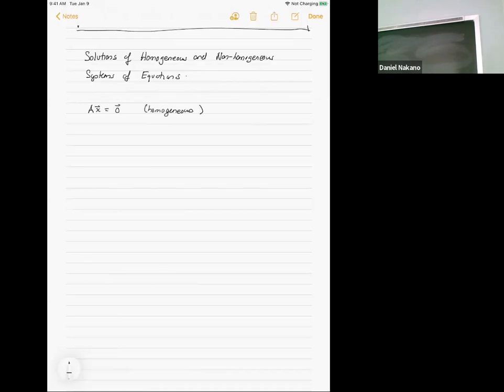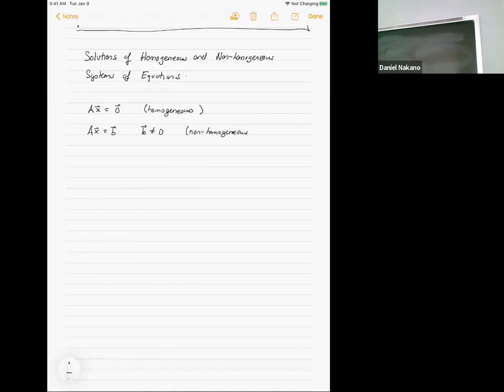A non-homogeneous system is when I have AX equals B and B is not equal to the zero vector, and this is non-homogeneous.